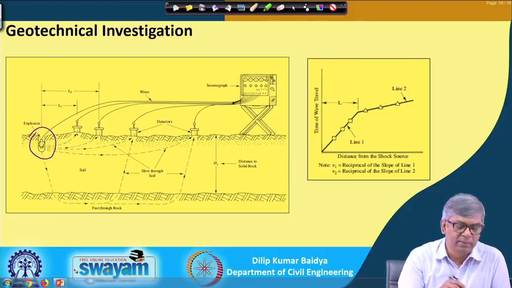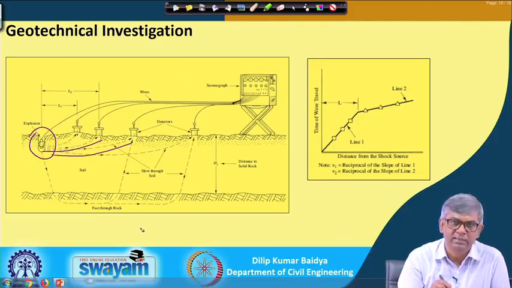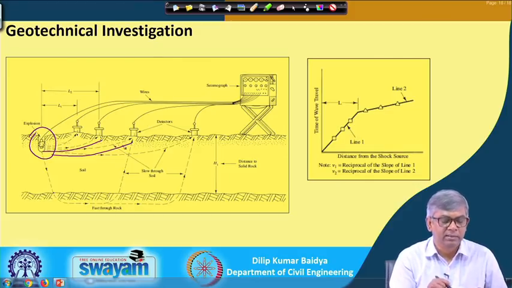Waves can go directly to reach here, or sometimes waves can strike here and then move along and reflect back to reach somewhere like this. So, the waves can travel this way or that way, and whichever is faster is what will be recorded.